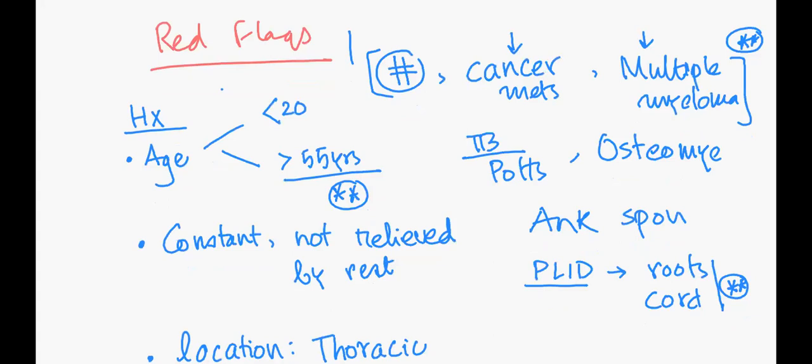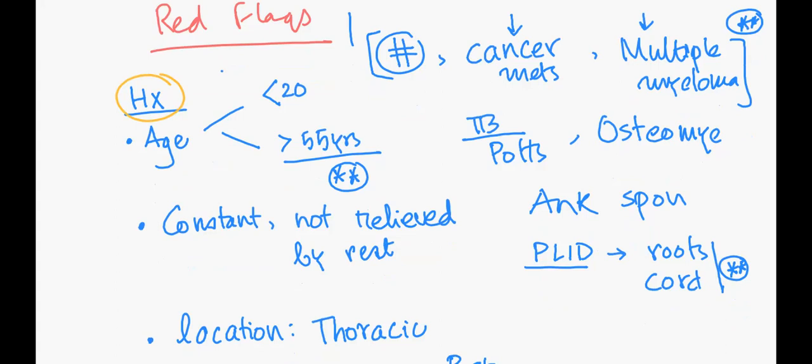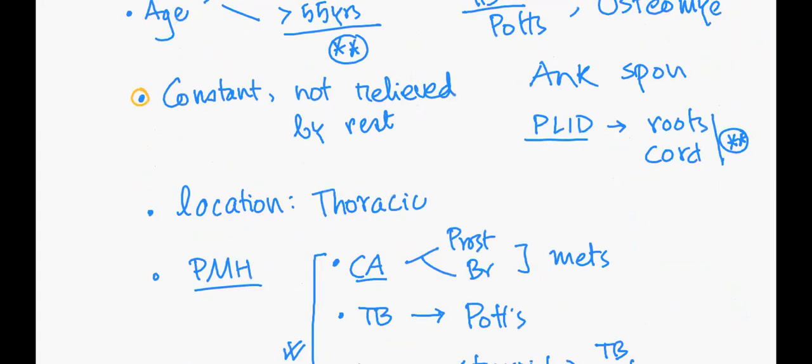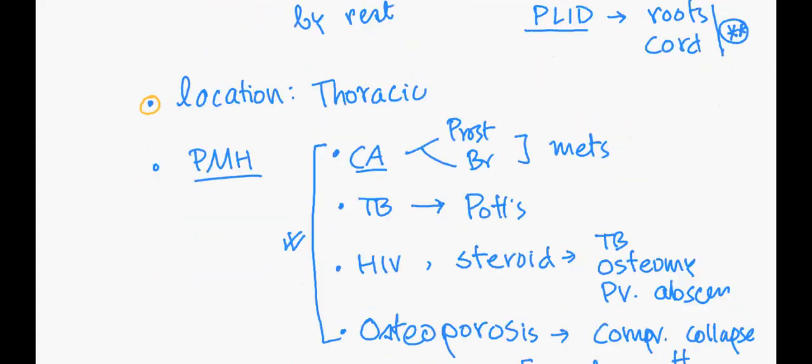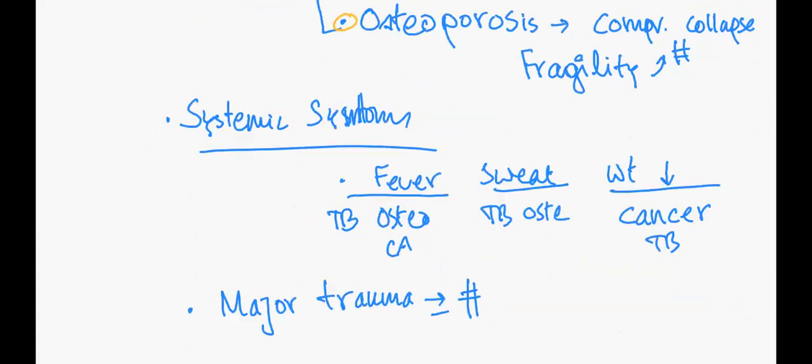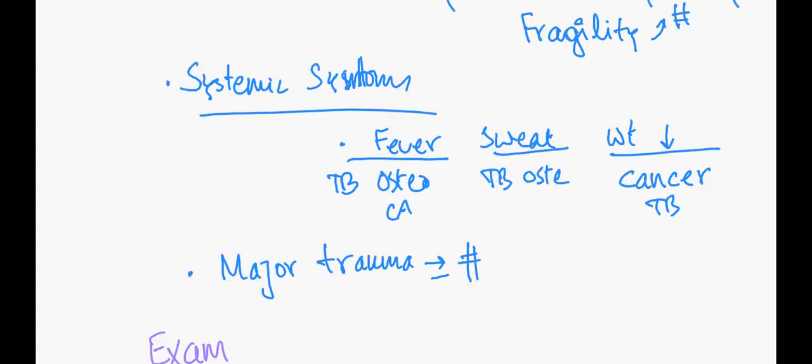Among the history, the features that suggest a red flag: age less than 20 or more than 55 years, constant pain that is not relieved by rest, location of pain in the thoracic region, and past medical history of diseases such as carcinoma, tuberculosis, history of HIV/AIDS, intake of steroid, and osteoporosis. Next, presence of systemic symptoms such as fever, sweat, and weight loss, and history of major trauma. So those are the history points of red flag signs in low back pain.